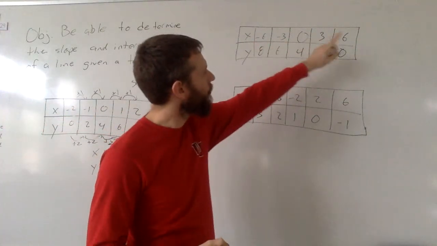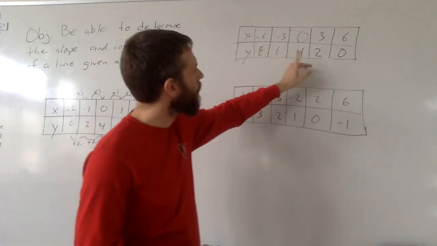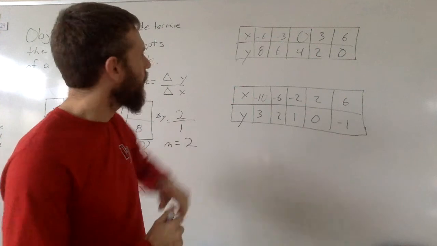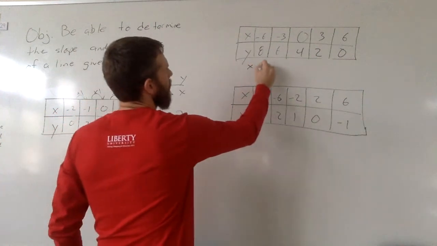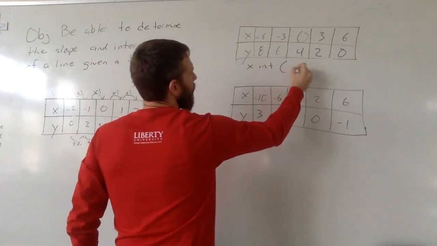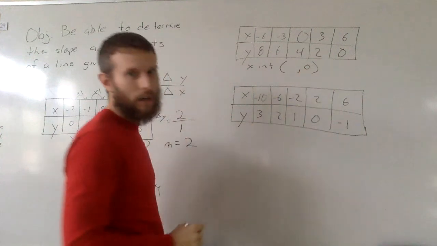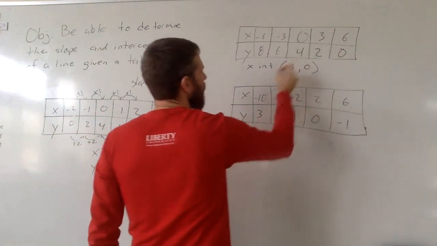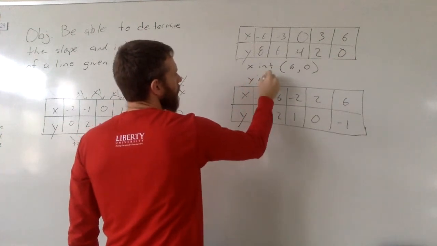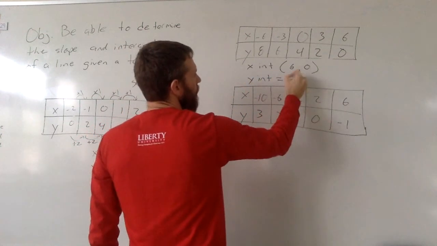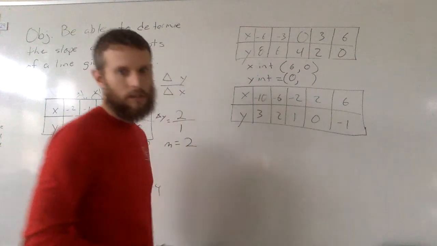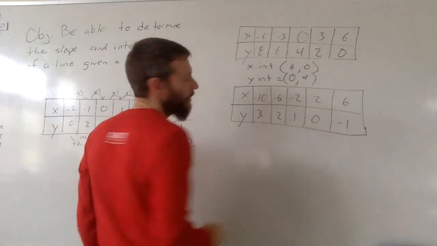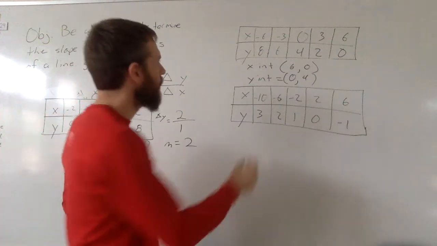The x values are -6, -3, 0, 3, 6, and the y values are 8, 6, 4, 2, 0. Our x-intercept is where y is 0, so it crosses the x-axis at 6. Our y-intercept is where x is 0, so when x is 0, y is 4. That will be our y-intercept. Now we'll do the change.